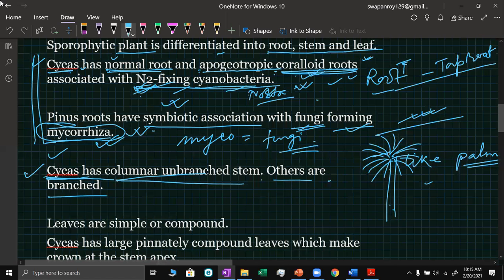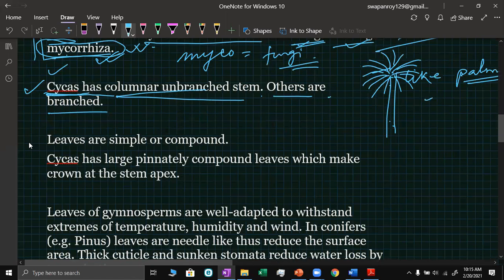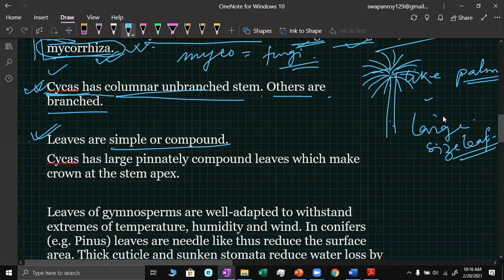If we see the leaves of the gymnosperms, the leaf of gymnosperms, is it simple or compound? This cycas has the largest size leaf. This is a very large size leaf, and this one is pinnately compound.